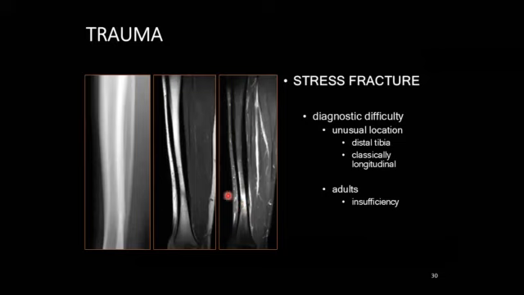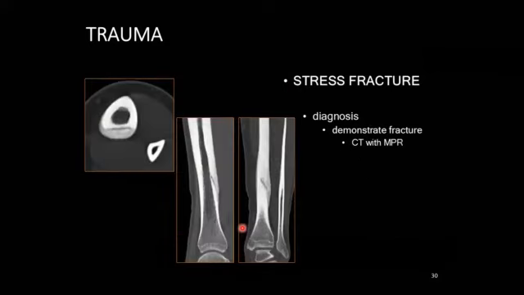So the edema at the distal tibia, you can see it, indicates a stress fracture, here with a clinical history of excessive physical activity, indicating the possibility of stress fracture, not other neoplastic pathologies.